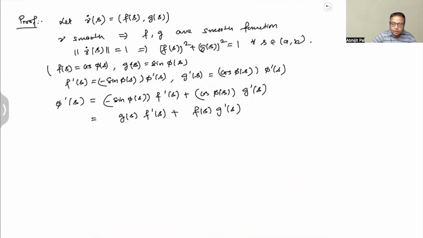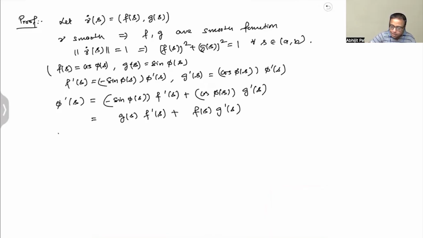Okay. So therefore this phi prime s is equal to this right hand side, which is again an integrable function of s.